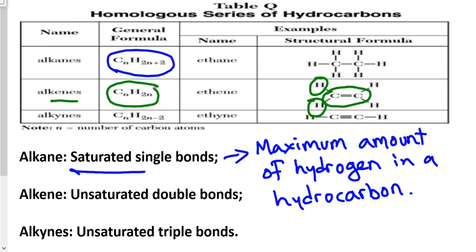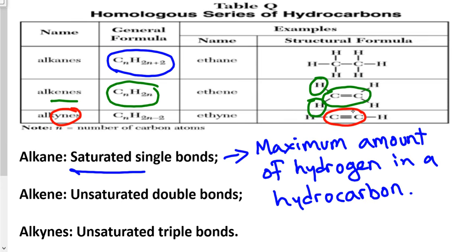Same goes for alkyne. The name ends with Y-N-E, where we have a carbon-carbon triple bond. So out of 4 bonds, if carbon is using 3 bonds to attach with another carbon, then it is left with only 1 bond for hydrogen.